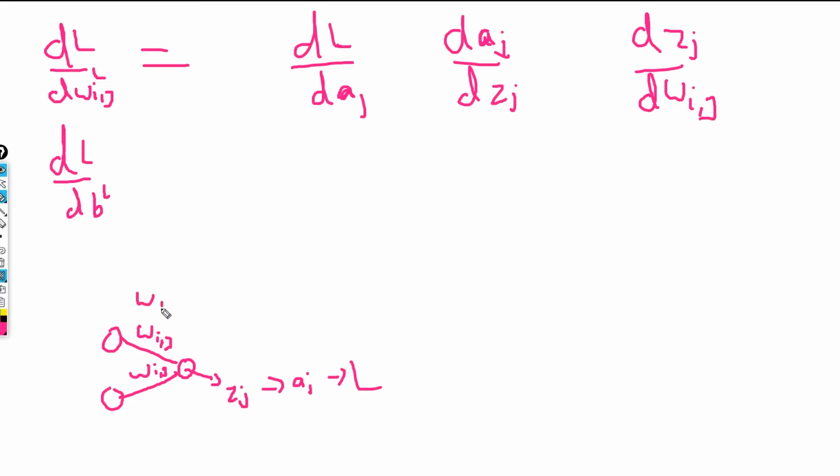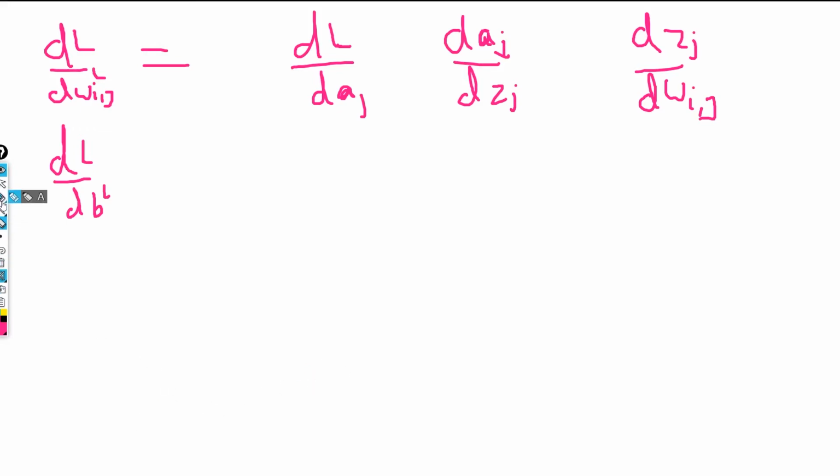You can say this is going to be W11, and this is going to be W21, so it is going to be affected by both of them. This is also called the chain rule. We have applied the chain rule here.